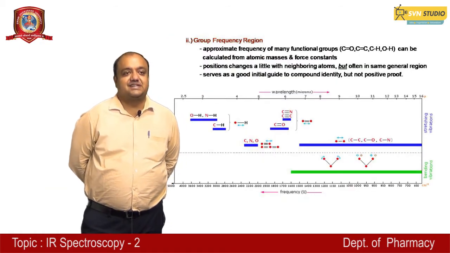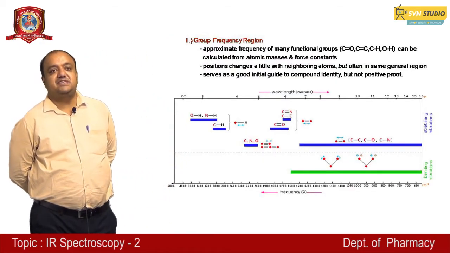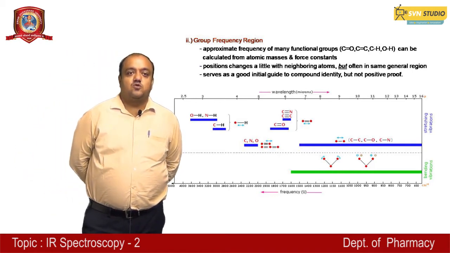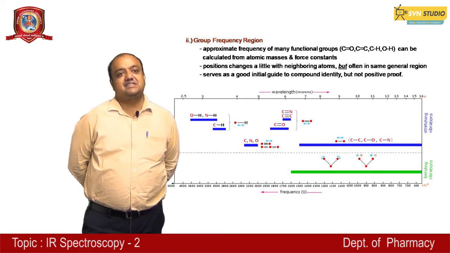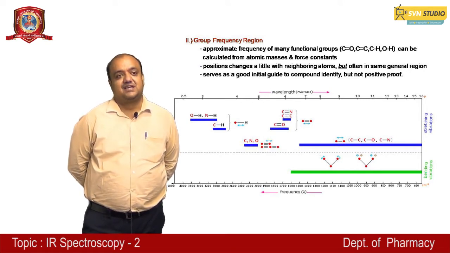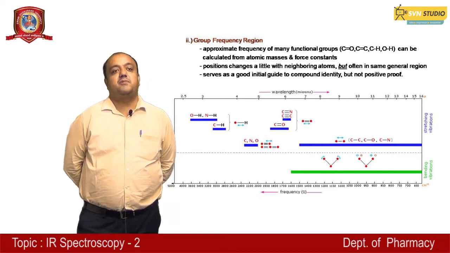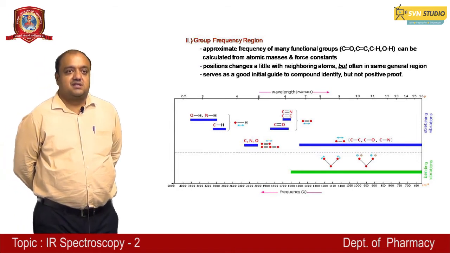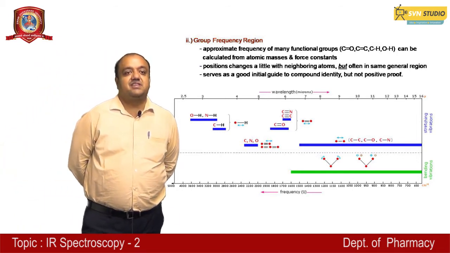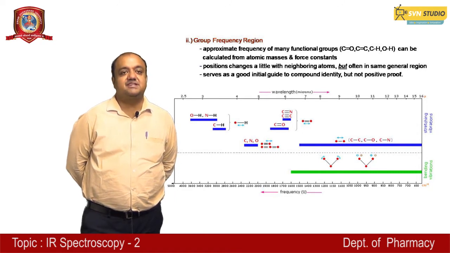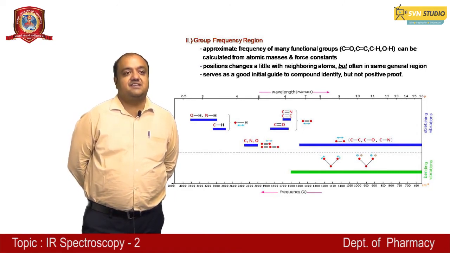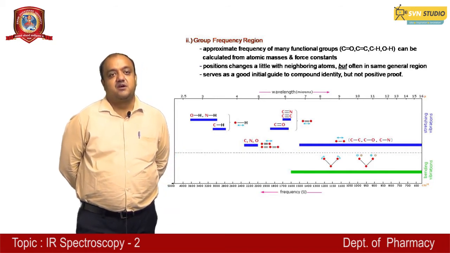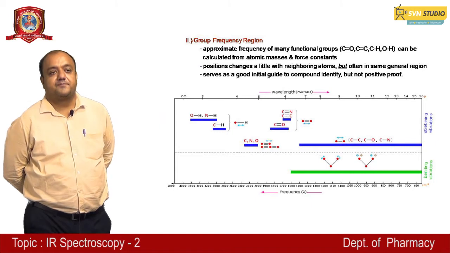In group frequency regions, the approximate frequency of many functional groups like C=O, C=C, C-H and O-H can be calculated from atomic masses and force constants. The position changes a little with neighboring atoms, but often stays in the same general region, which serves as a good initial guide to a compound's identity but not positive proof.